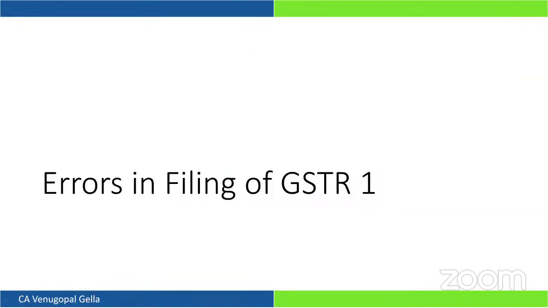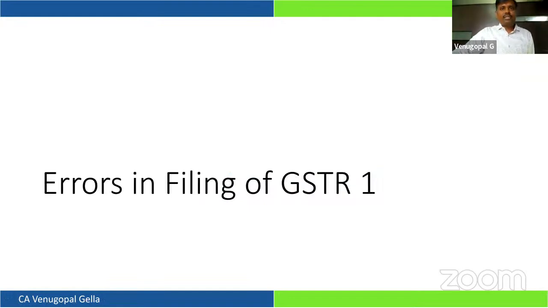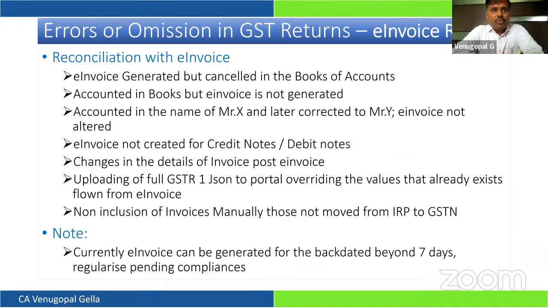Thank you. Okay, let's move on to the first aspect, which is GSTR1. GSTR1 is the outward supply statement of sales. Though we call it a return, it is a statement that we file using various modes. Why am I saying various modes?